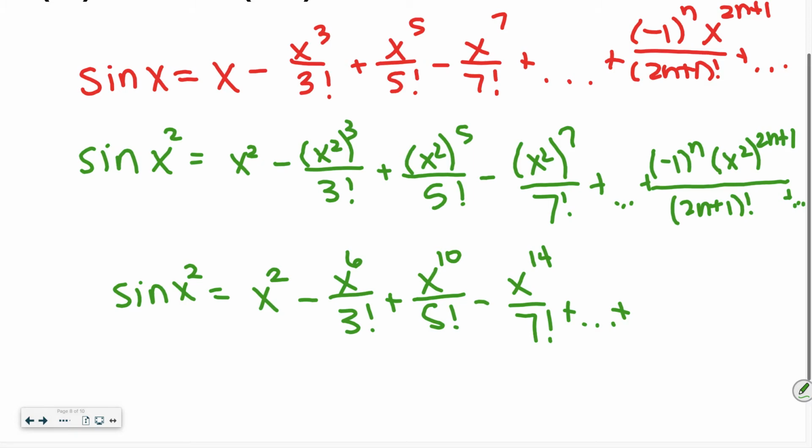The nth term would be negative 1 to the n, x to the 4n plus 2, over 2n plus 1 factorial. We just leave it like x squared. You do need to rewrite it. Yes.